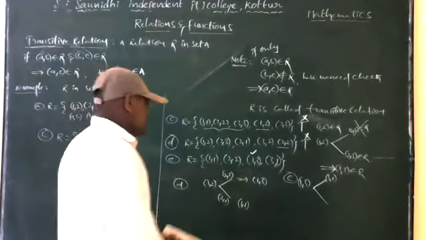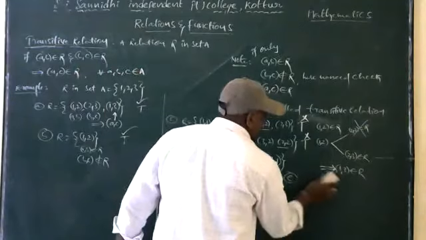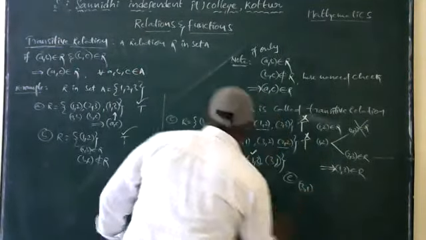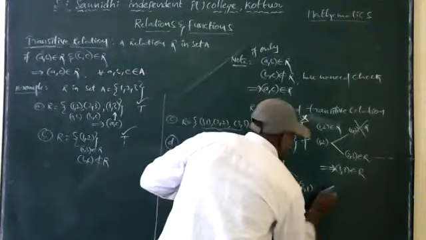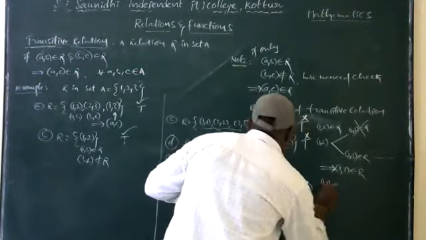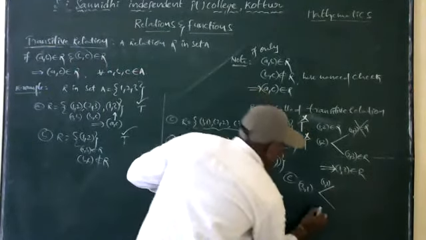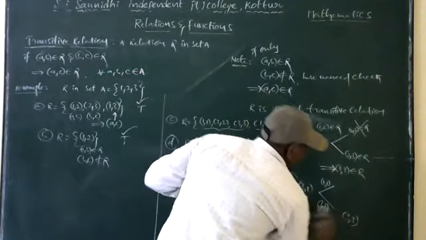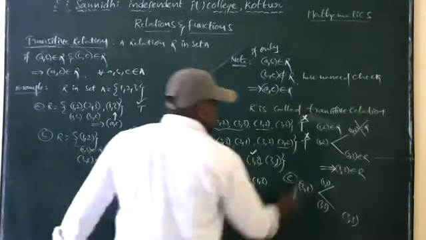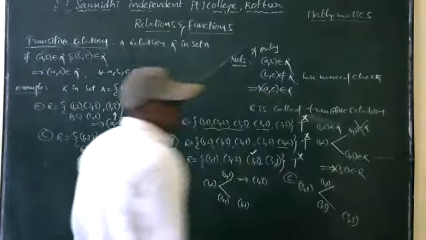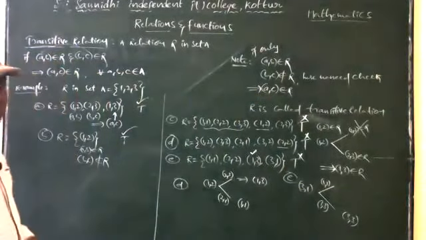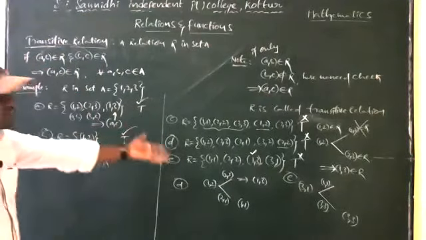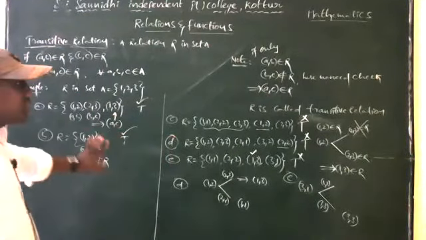Then 3 comma 1: 3 comma 1 and 1 comma 3 belong to R, but 3 comma 3 is not there. That's why it is also not transitive. Right. So these are the transitive relation examples. Get the idea.